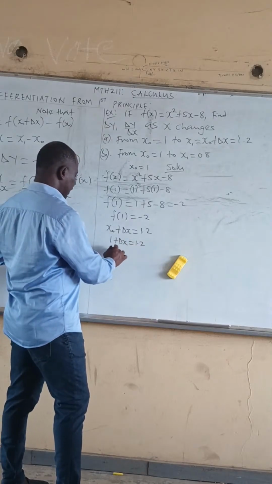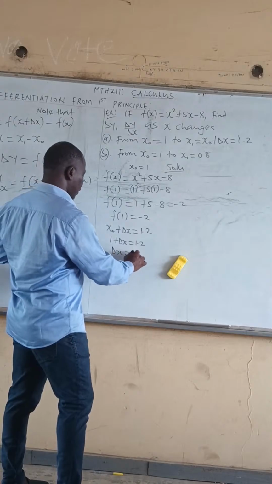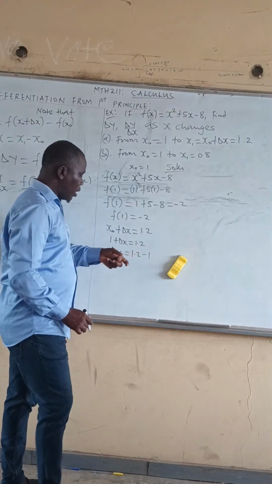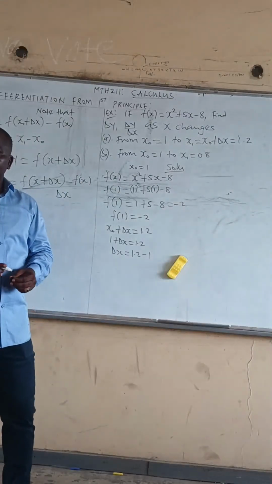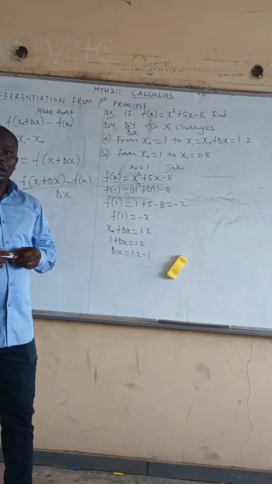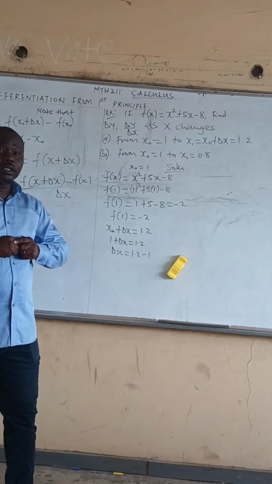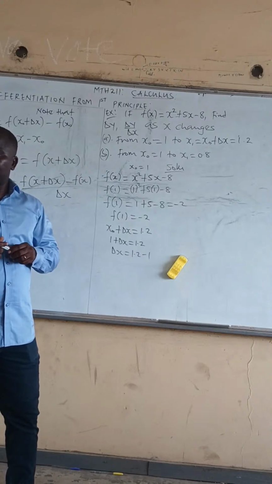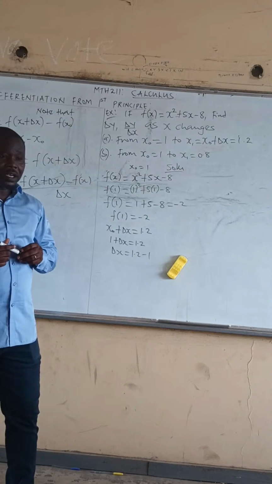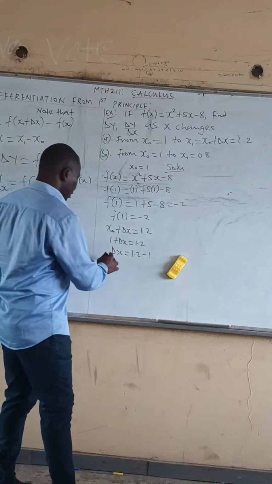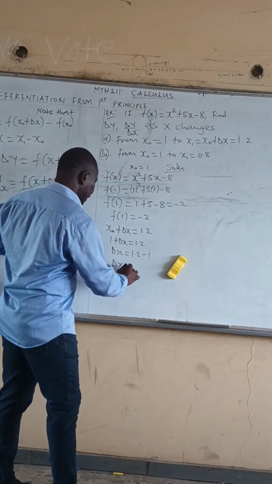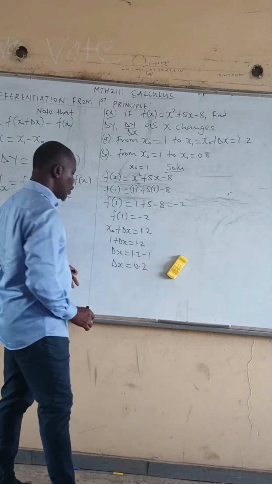So our dx is now equal to 1.2 minus 1. So 1.2 minus 1 is what? 0.2. Press your calculators now to confirm. So it means our dx is equal to 0.2, right?